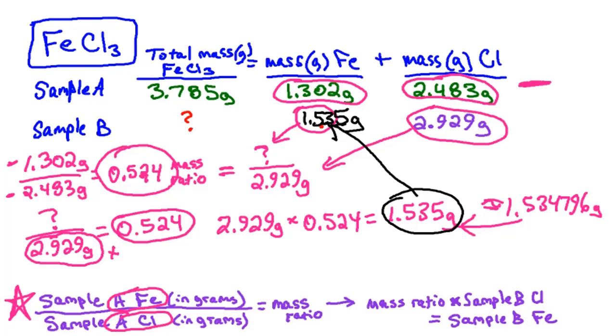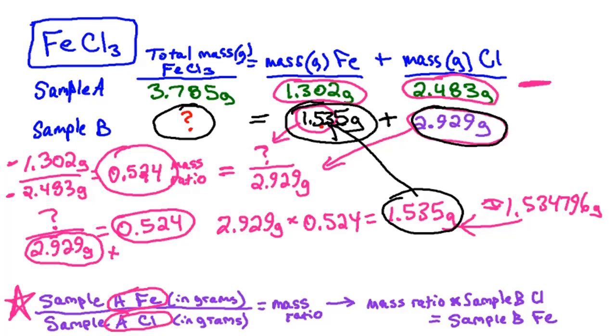So if we have 1.535 grams in the mass of iron, and we have 2.929 grams of the mass of chlorine in sample B, if you just add those together, that's going to give you the total mass of iron chloride.